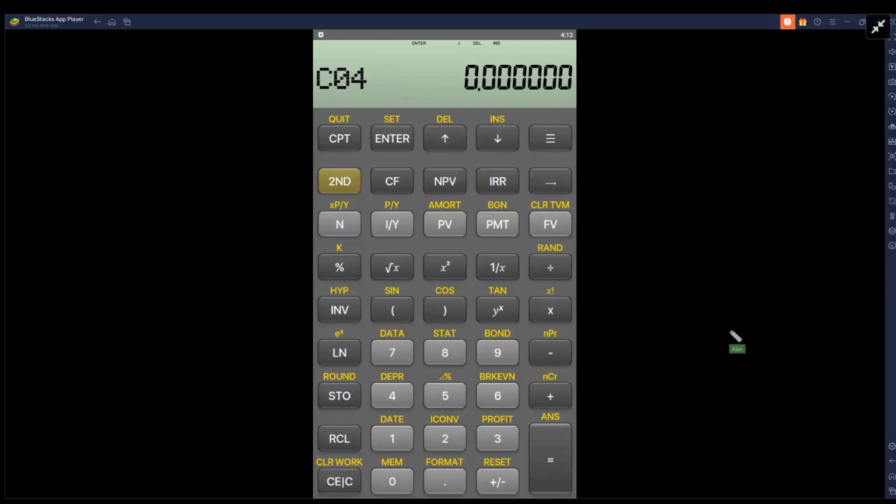Down, down. The next one is 30.25. Enter. Then 33.28. Enter. Then 36.6. Enter. Then 40.26.